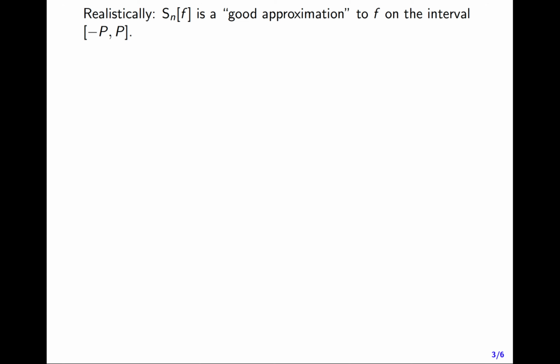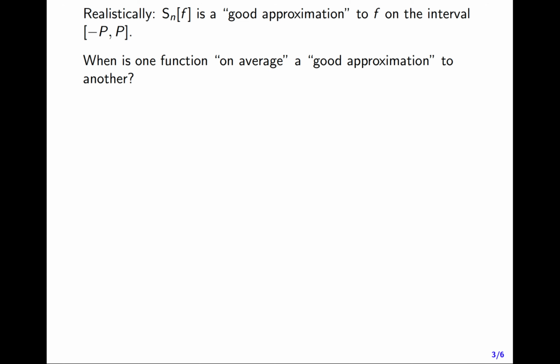Realistically, the best we could hope for is that Sn on f is a good approximation to f on the interval minus p to p. So what could we mean by good approximation? How could we define that and how could we achieve it? When is one function on average, or overall, a good approximation to another?